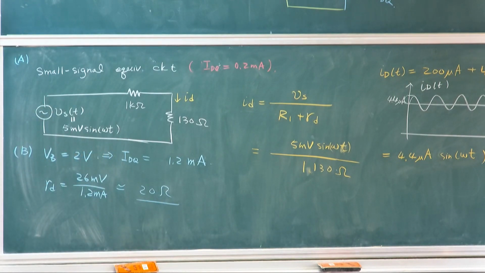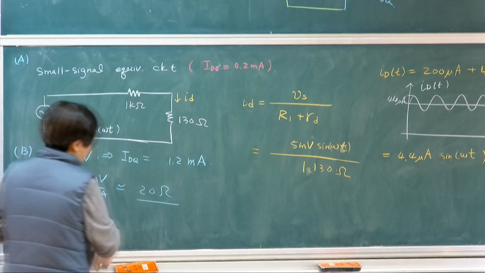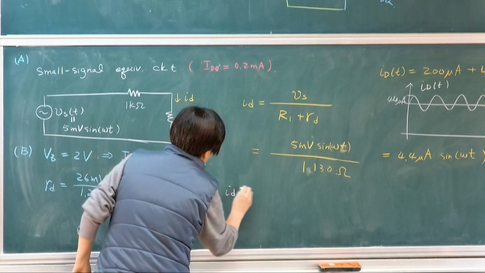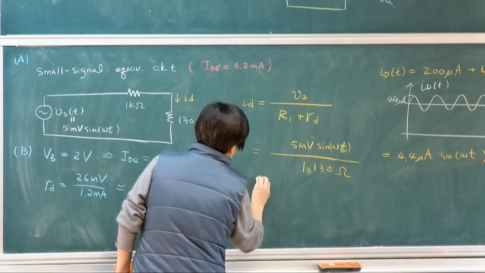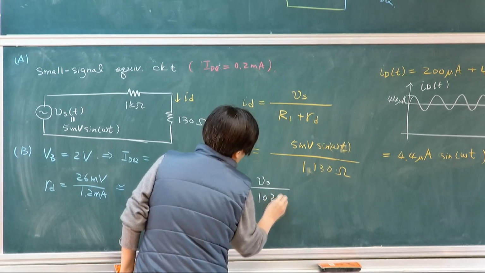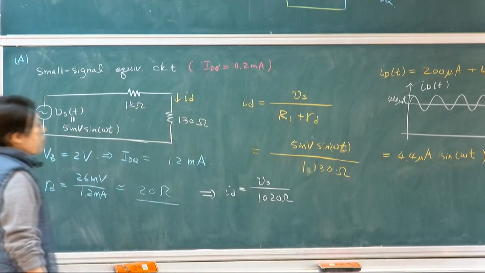So you then have a much smaller resistance because, as we said, if I'm increasing my biasing point, my resistance will reduce. The equivalent resistance will reduce. Then it will lead to a higher current. Your ID will simply be Vs divided by 1020, something like that.